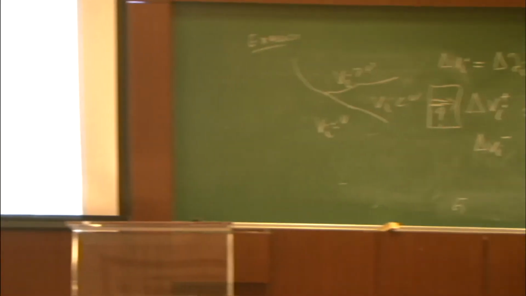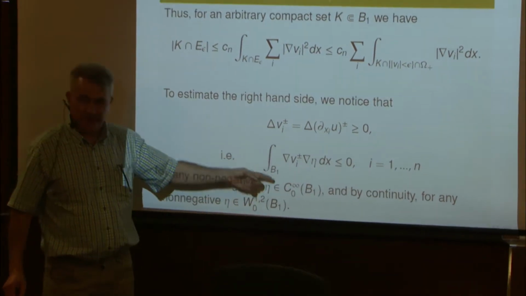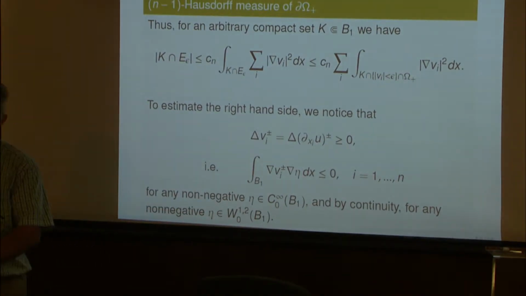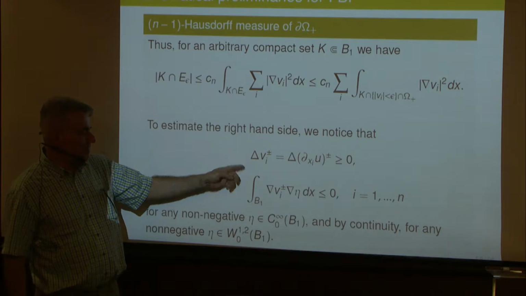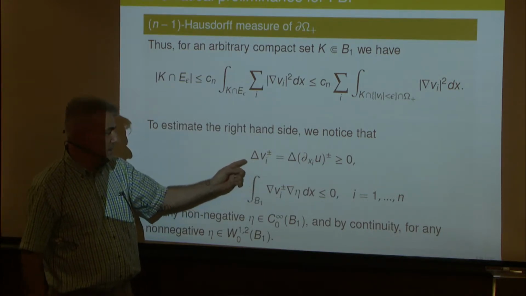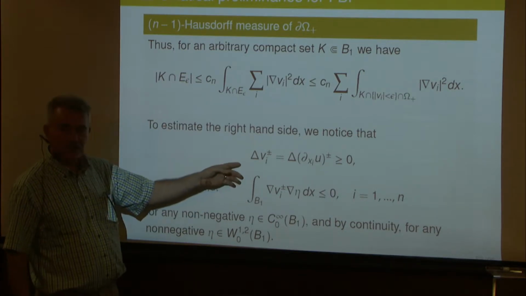I can rewrite this. The weak formulation of this is exactly this. If a function is subharmonic, it means you can take the product with eta, integrate, and that's non-negative. Eta is a non-negative function.